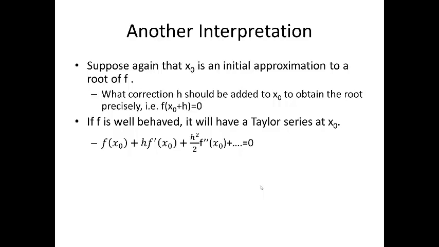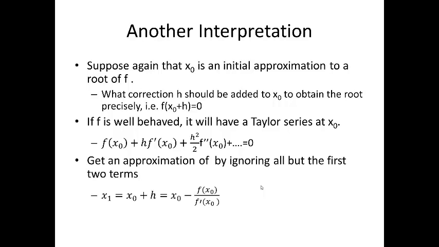We have this Taylor series for the function, but finding h here is not going to be easy. Therefore, we give up the expectation of arriving at the true root in one step, and seek only an approximation to h. So we can get this approximation by ignoring all but the first two terms.